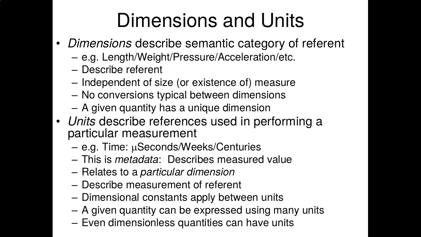It's not specific that length is measured in meters as compared to kilometers, as compared to miles. It's rather a general type of information. So it's a length. And it can be described by many particular yardsticks used to measure it, which is the focus of units. So dimensions are independent of size of measure, even if we can measure it. So we talk about time, for example.